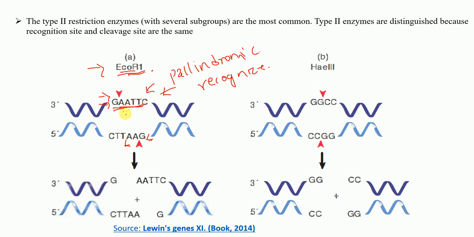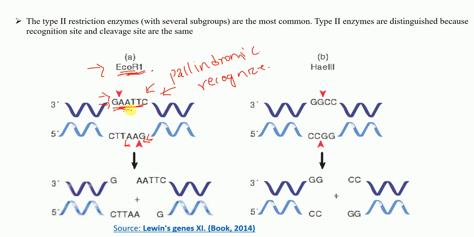This palindromic sequence is recognized by our restriction enzymes. Each restriction enzyme has its specific recognition sequence.